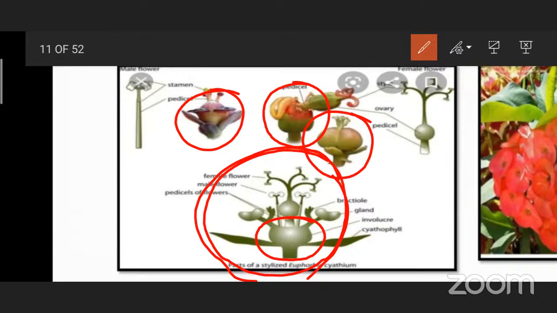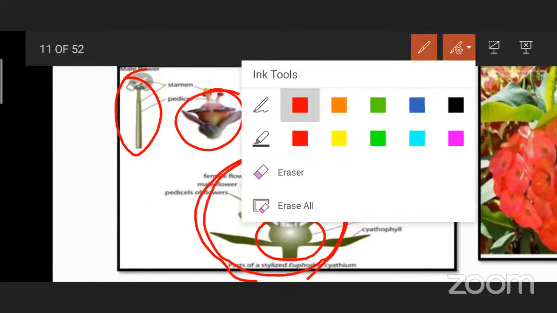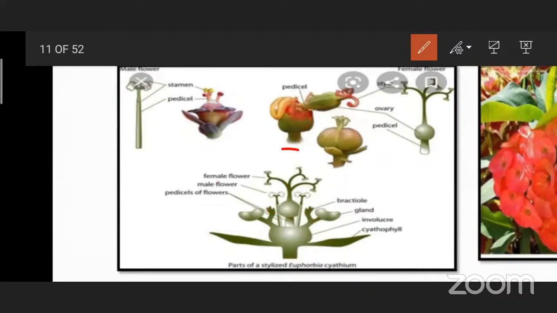In it, mainly male flowers, each represented by a single stamen, are arranged in a monochasial pattern around a single tricarpellary female flower. Here, this is the single tricarpellary female flower. These are the male flowers.